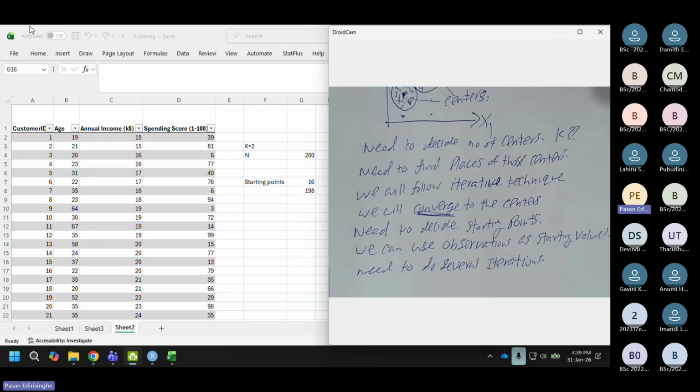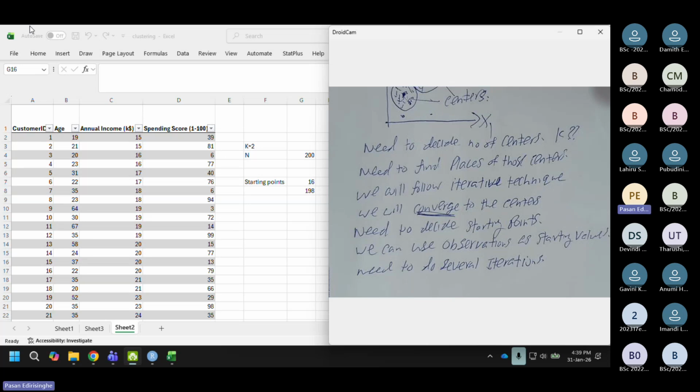So it is not easily converging. If you see that the fluctuation is still too much as you go past 100 iterations, that means the number that you decided as the clusters may not be suitable.